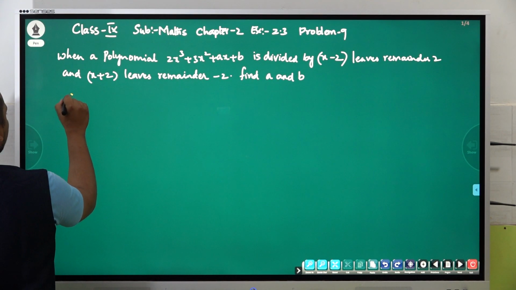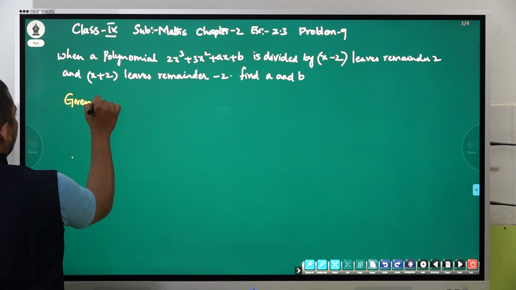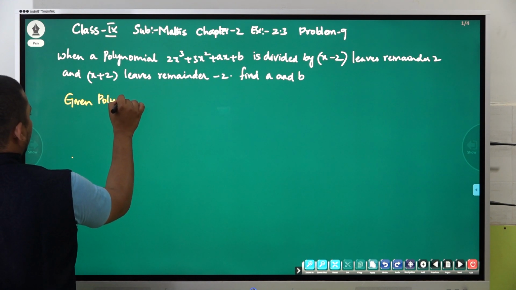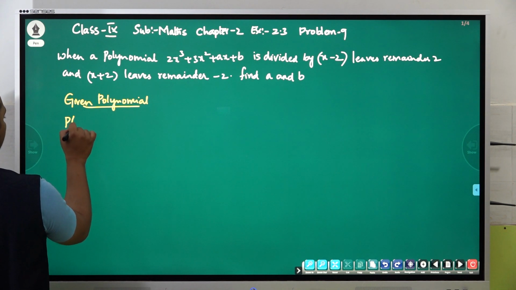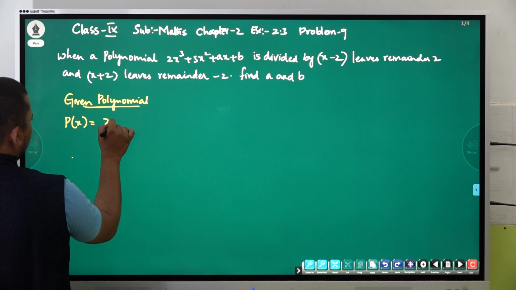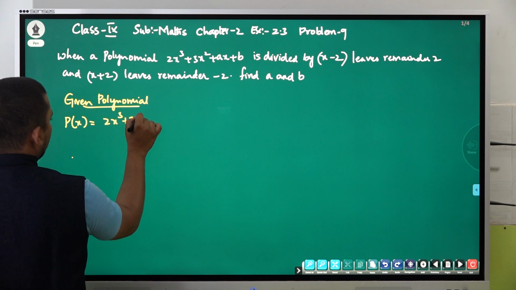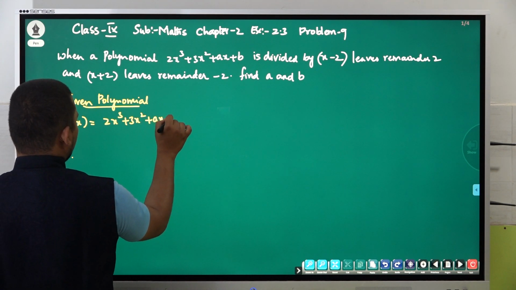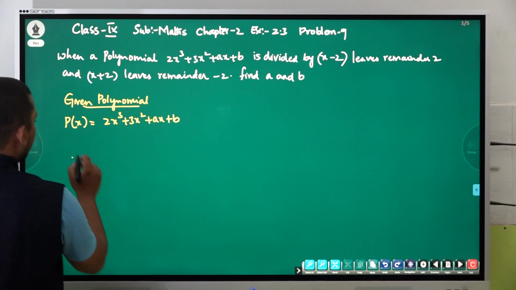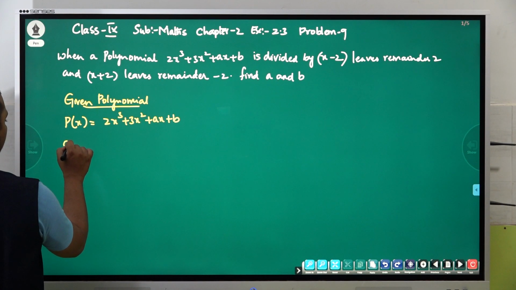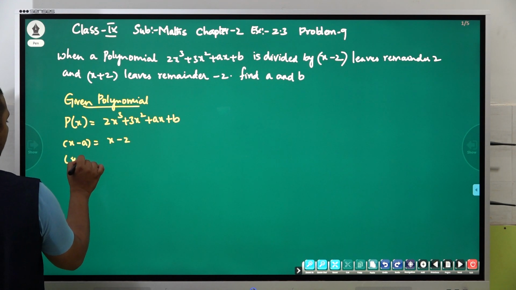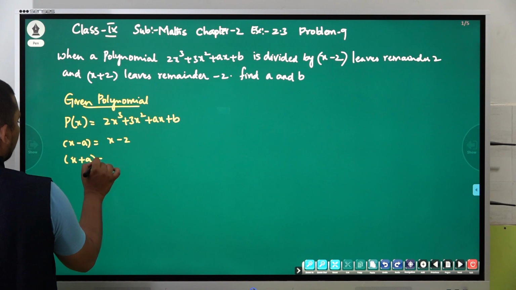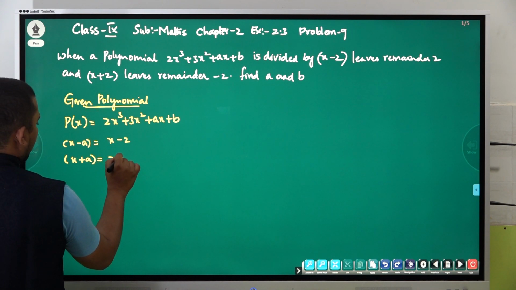Given polynomial, what is the given polynomial? P of x is equals to 2x cube plus 3x square plus ax plus b, and they gave the two linear polynomials, that is x minus 2 and x plus 2.